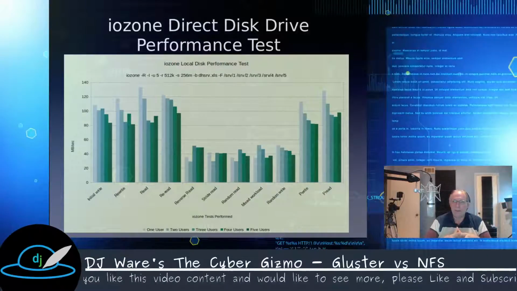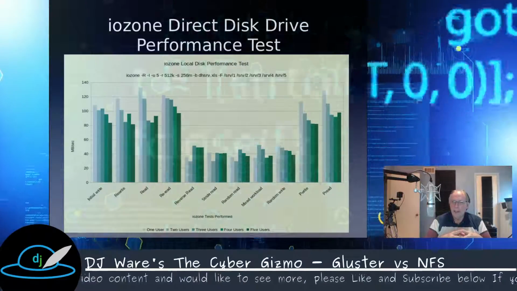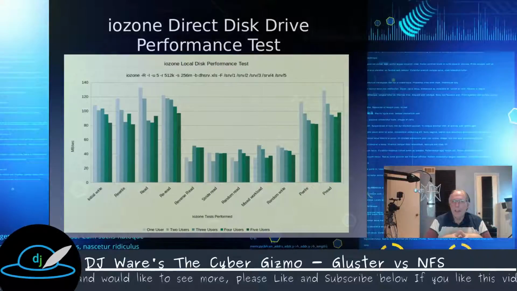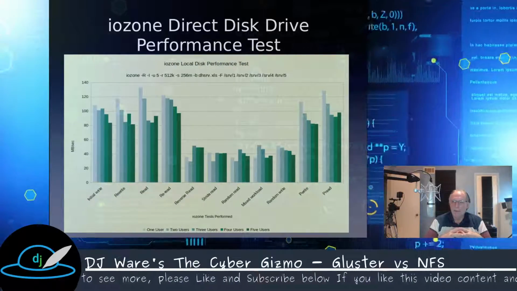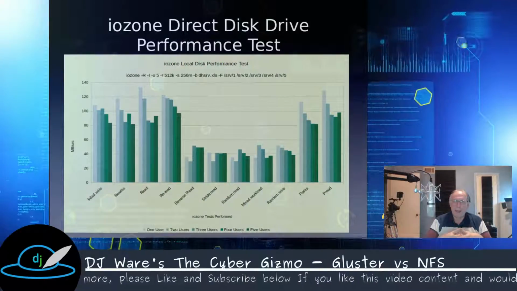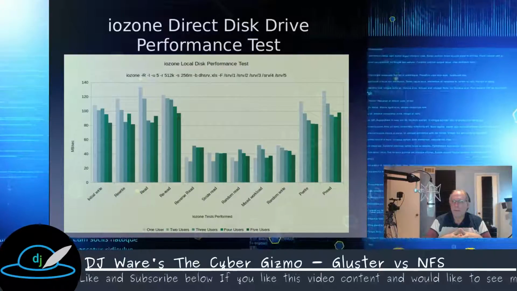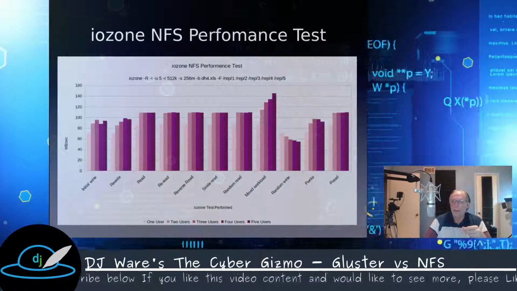This is strictly reading the disk directly off of the file system. And we can see that, and this is typical with most of the systems, is that the read performance is quite a bit higher than the write performance with spinning rust, and that's just the nature of the beast. We'll talk more about some of the results later when we get to that part.